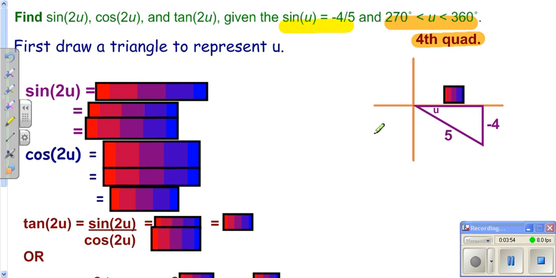It's also negative in the third, so that's why we needed this additional piece of information to limit us just to the fourth quadrant. So you're going to draw yourself a triangle in the fourth quadrant, so draw your axes.